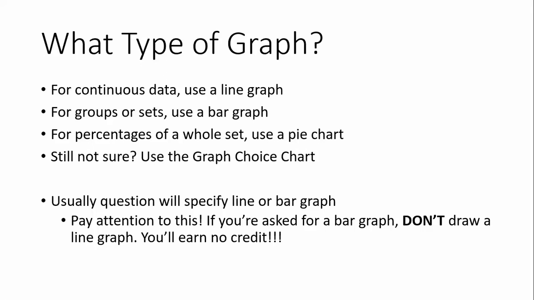So if you have continuous data, meaning this is some variable that is changing across, let's say time. Let's say you're measuring the growth of plants. Well, if you're measuring the height of a plant, that is something that is changing constantly.